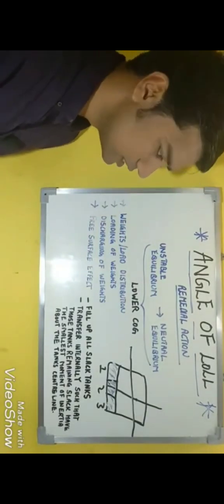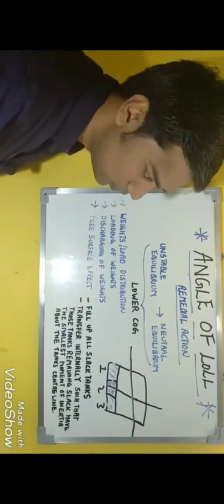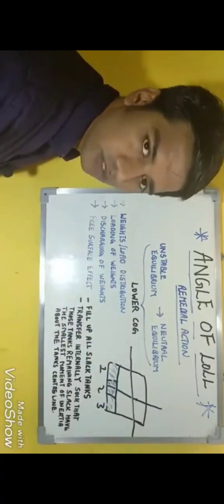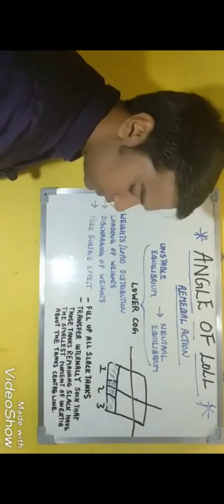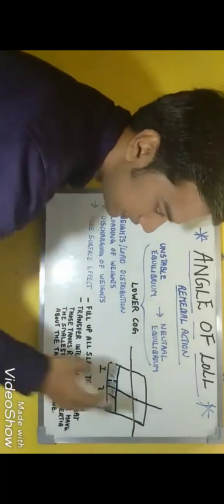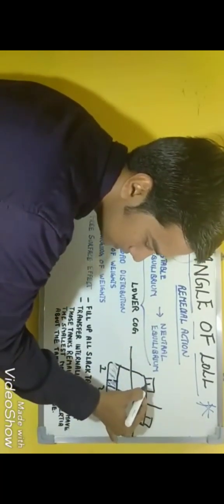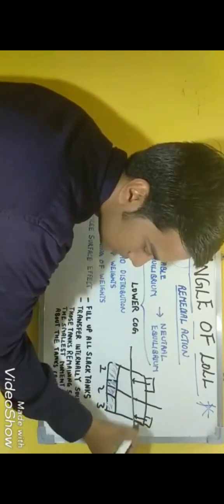What about discharging of weights? When you are discharging weights, you want to lower your center of gravity. So discharging of weights needs to be from the higher side first. In case weight is over here and over here, now the vessel is heeled, so this distance is greater compared to this distance.